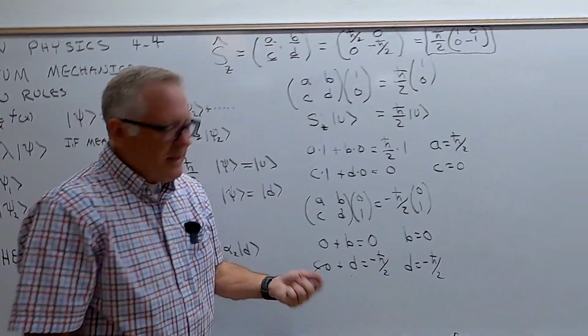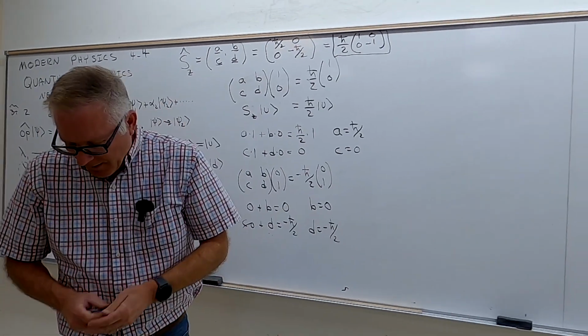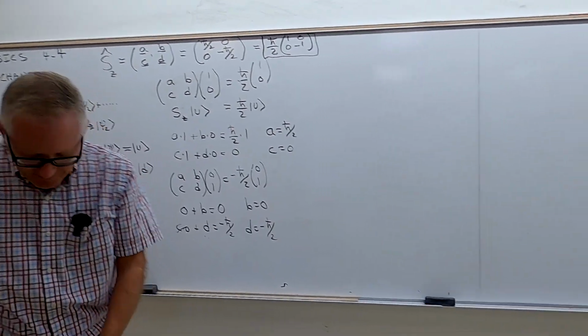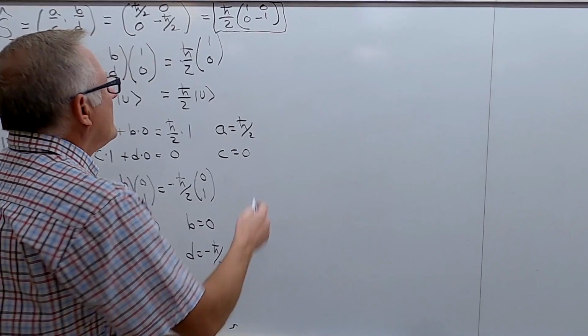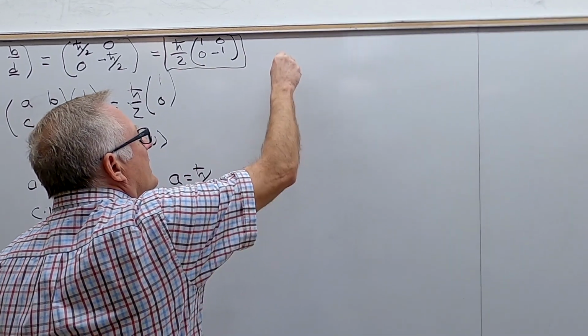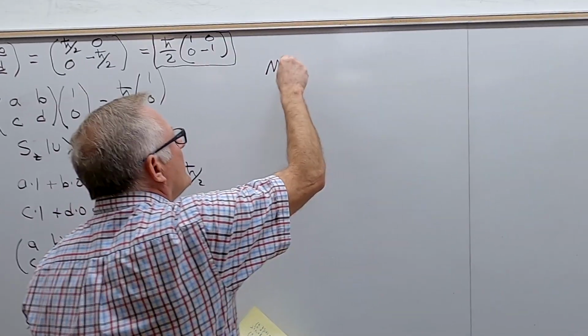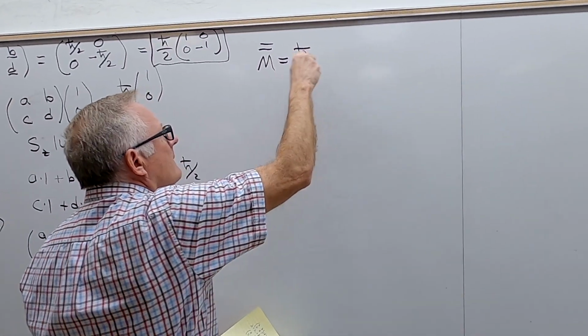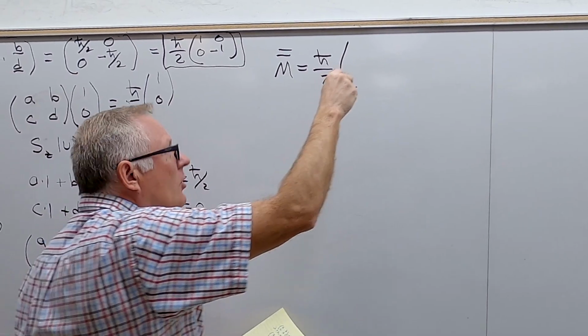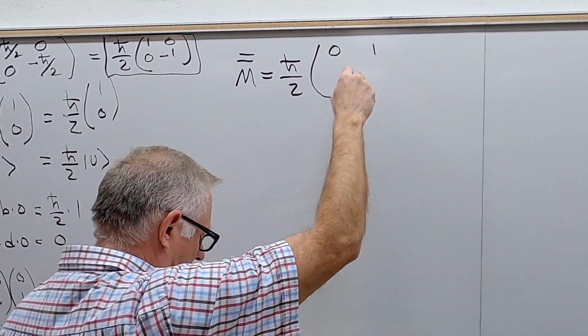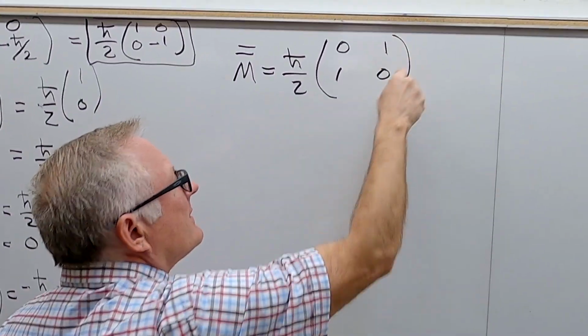Okay, let's go back and work out one the opposite way. Suppose you were given a matrix, M. I don't know what the observation is, and let's just say it's h bar over 2 times 0, 1, 1, 0. So it's this guy instead.